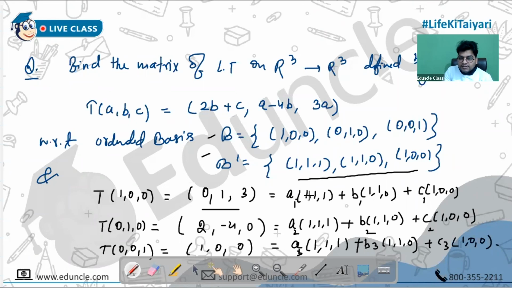How did you find out this answer? Can you compare this and find out the answer? A1 is 0. Absolutely. A1 is 0. Any other student? Are you getting my point? What I'm trying to say?